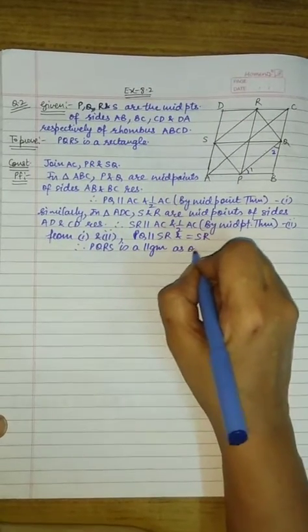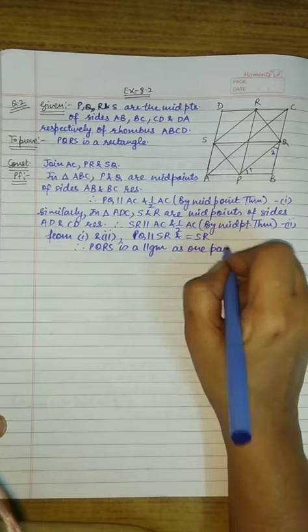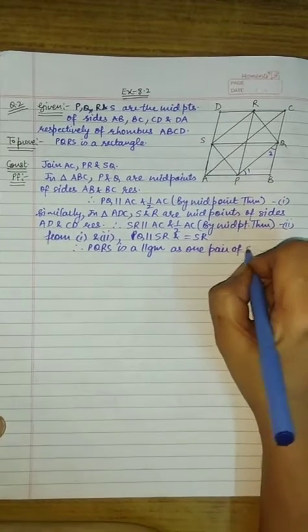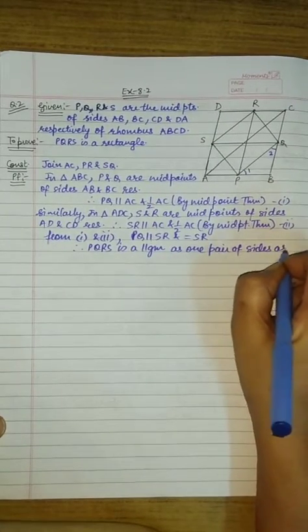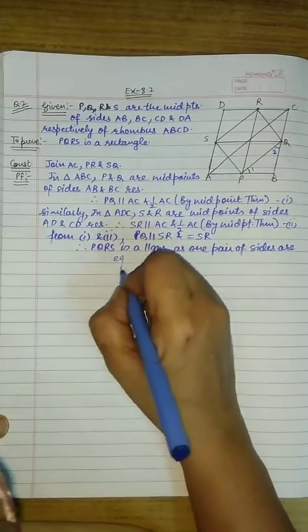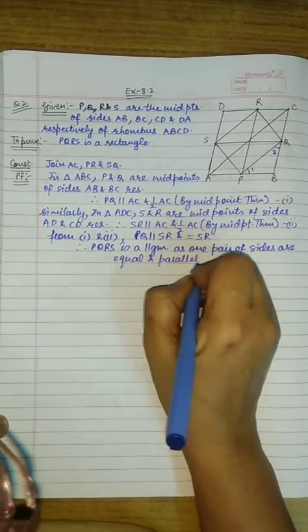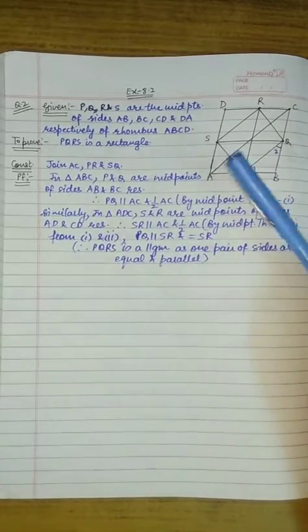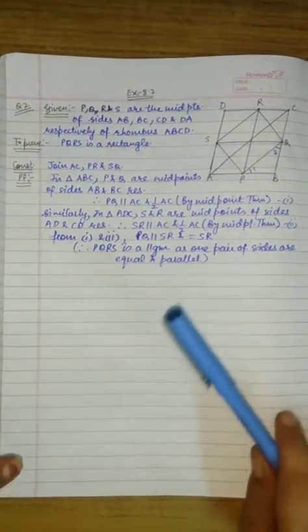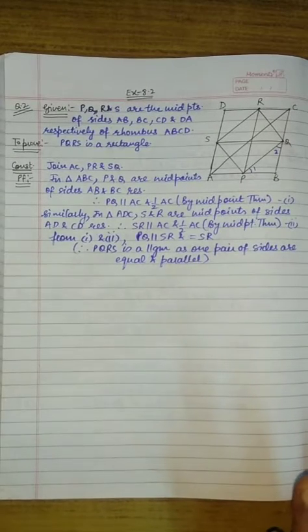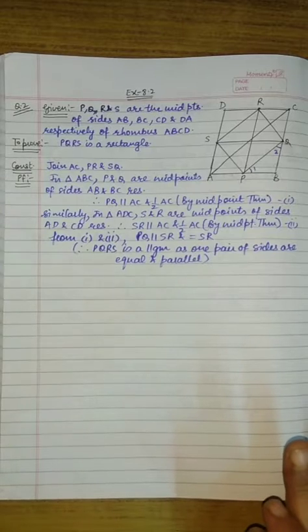As one pair of sides are equal and parallel. Now we have proved that PQRS is a parallelogram. So first of all we had to prove that PQRS is a parallelogram. Then we will prove that it is a rectangle.